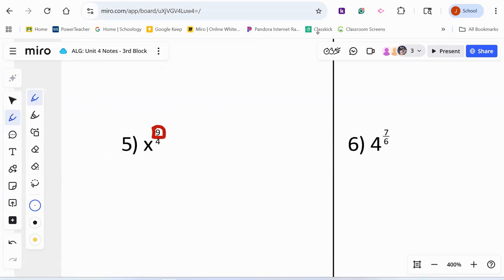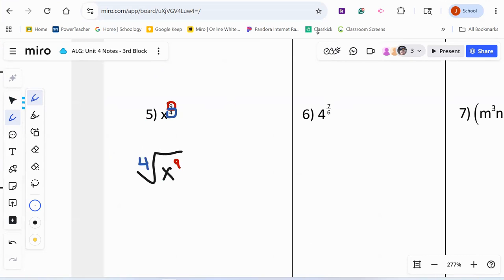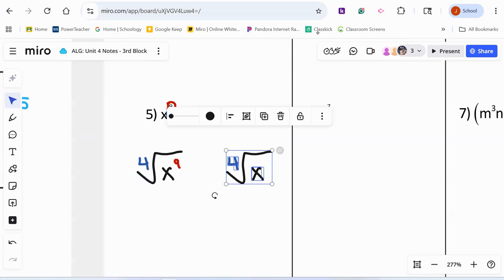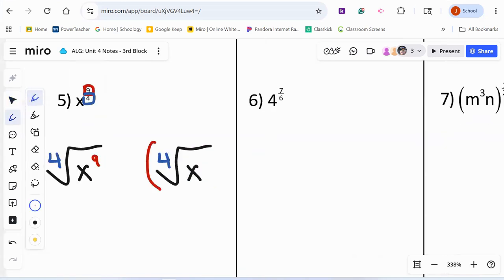So 9 is, we know, going to be the power, and 4 is the radical. So right away, I can set up a radical with a fourth root there. We know the base is going to be x. Now, where we have an option is, where do we put the 9? We could put it inside, and that would be a totally correct answer, or guys, the 9 can go outside.